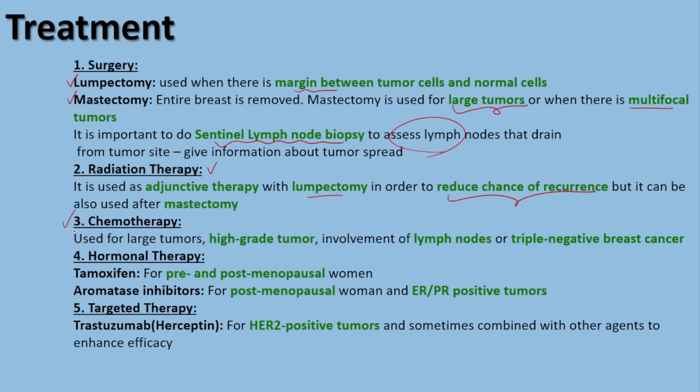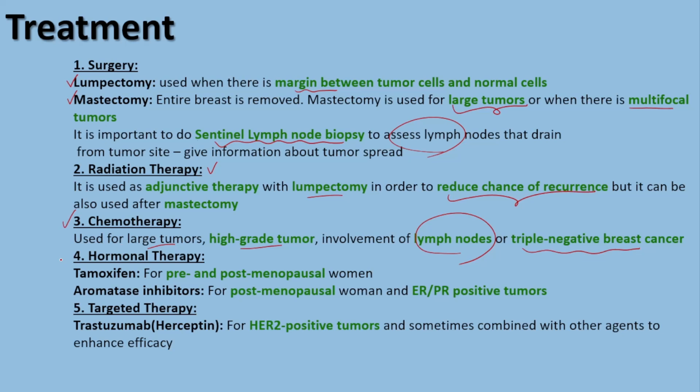Chemotherapy also can be used, and this is usually reserved for large tumors or high-grade tumors, and when we have involvement of the lymph nodes, or when we have a triple negative breast cancer.